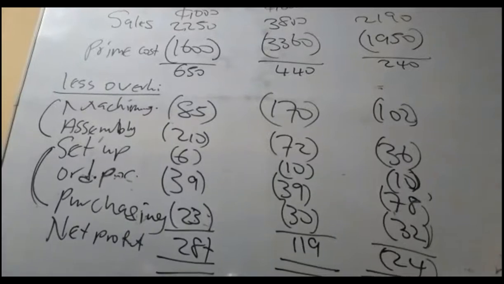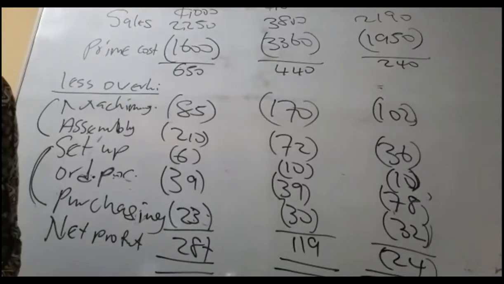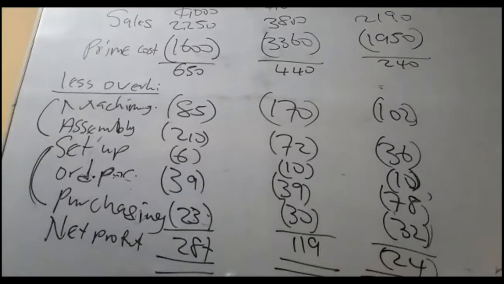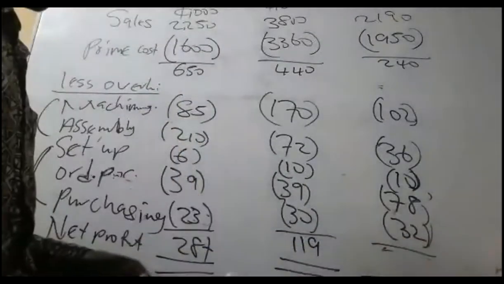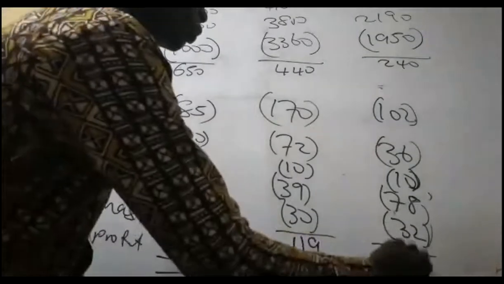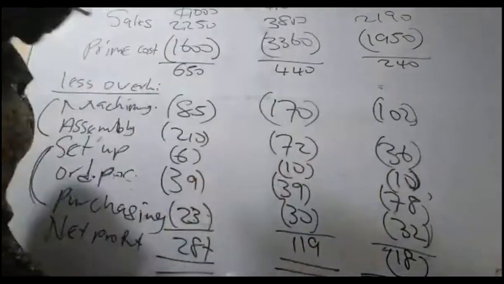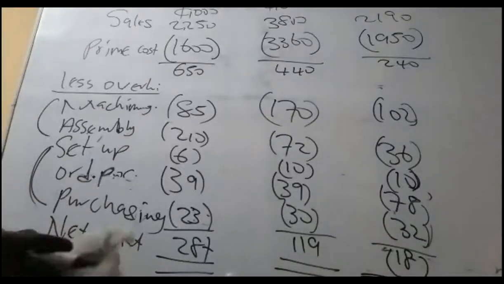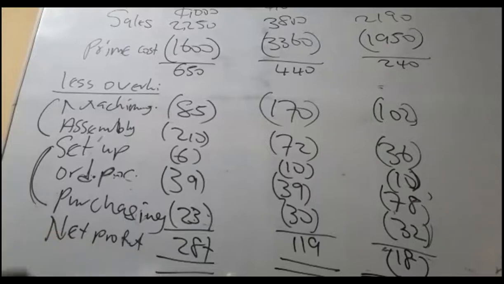So let's quickly look at the traditional one. So the last answer has to be 18. Now let's go and look at the traditional cost system.